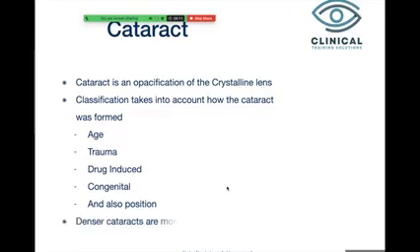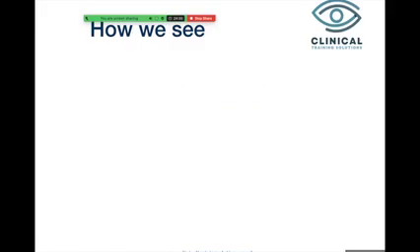Okay, so there's lots of different ways you can categorize by how dense the cataract is. And what I suggest you do is work with your doctors and ask them how they classify. So when you're going into theatre, you will ask the doctor, can you just tell me what stage of cataract that is? And then you can get an idea of what it is.